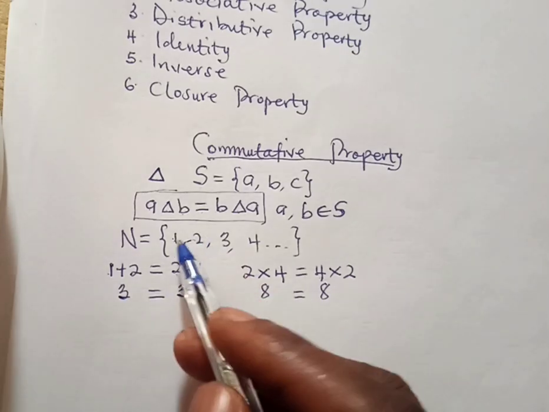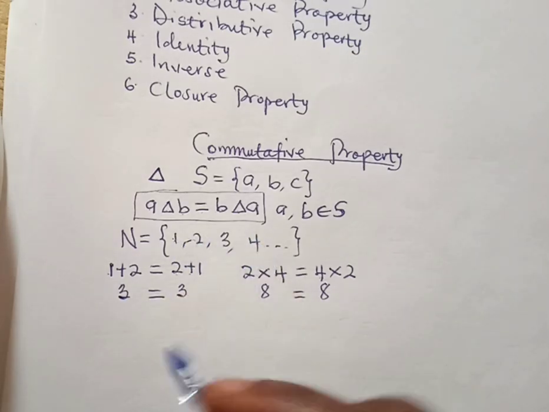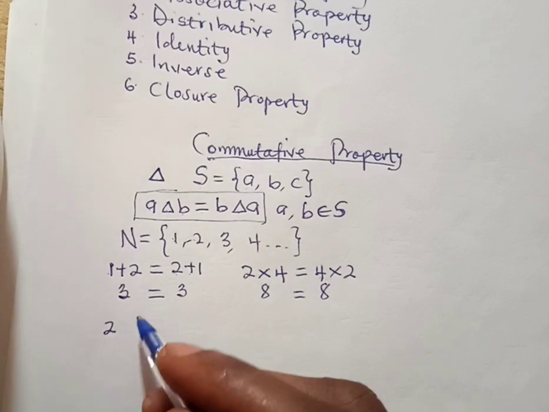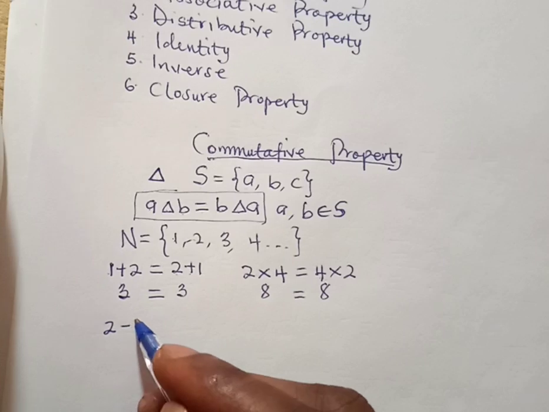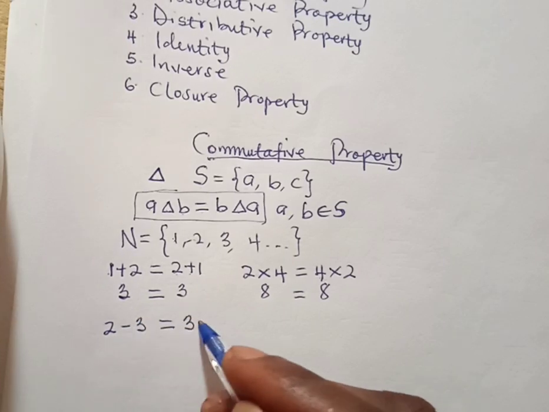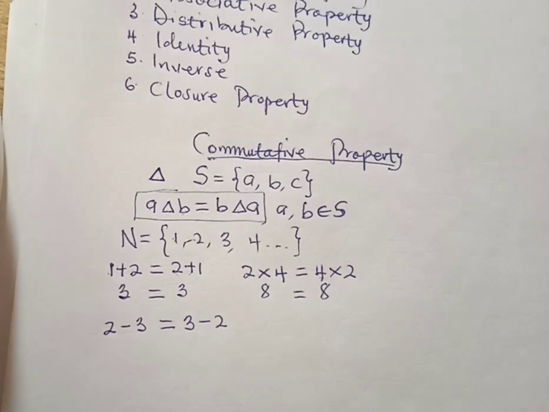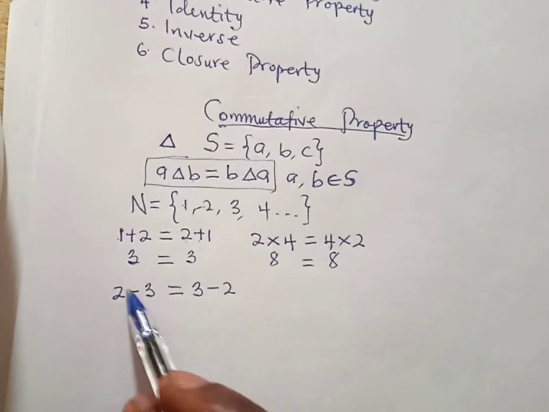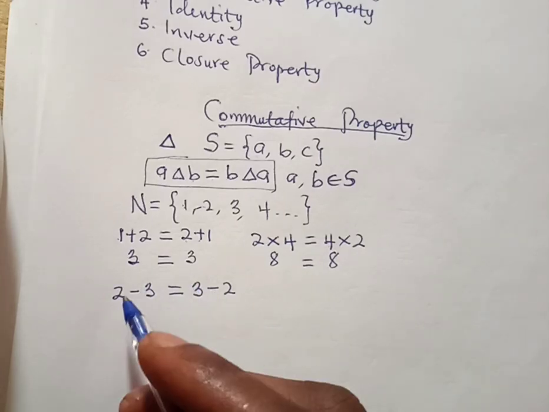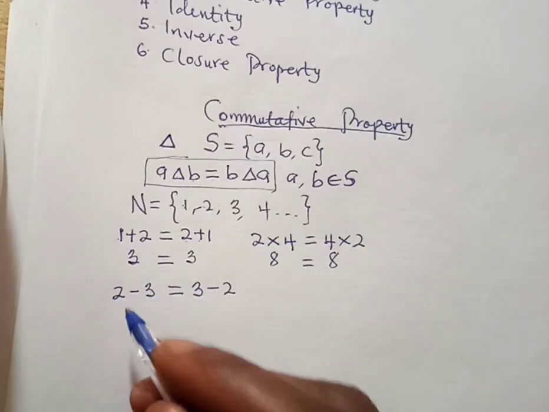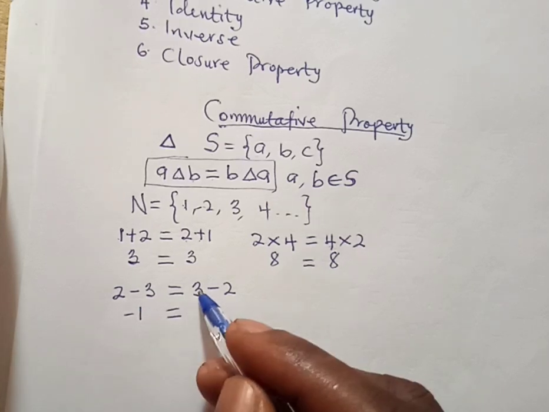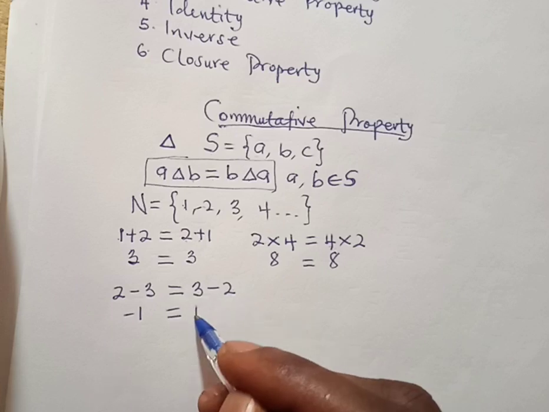Now let's try subtraction and division. I'm going to pick another two numbers, 2 and 3. So 2 minus 3 is equal to 3 minus 2. We are going to show whether this statement is true. 2 minus 3 gives me negative 1, and 3 minus 2 gives me positive 1.